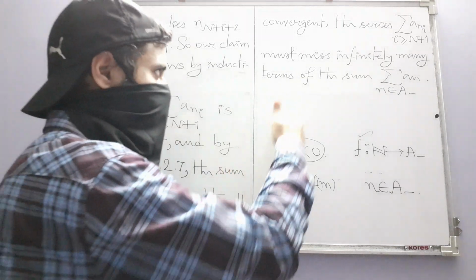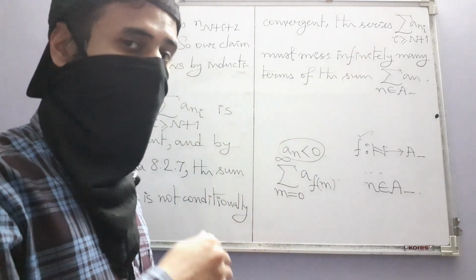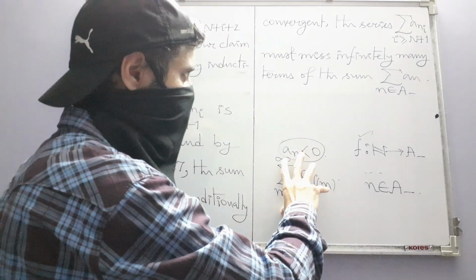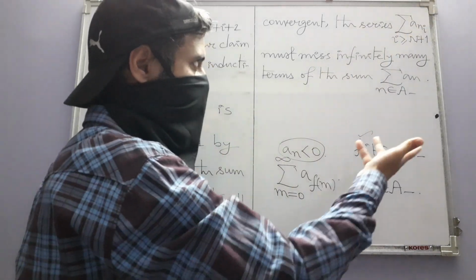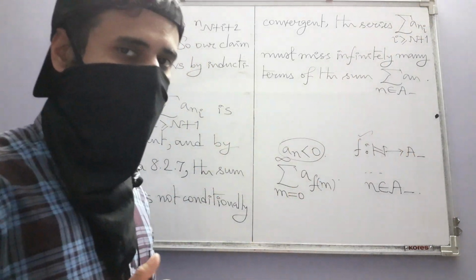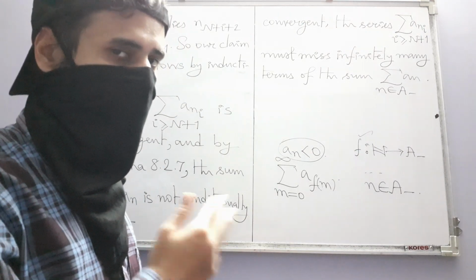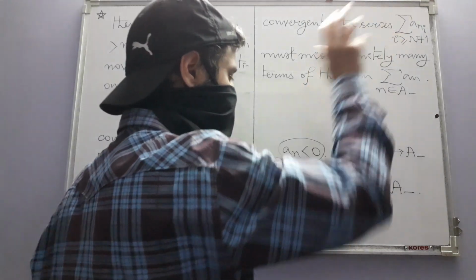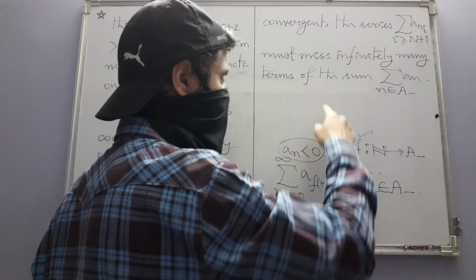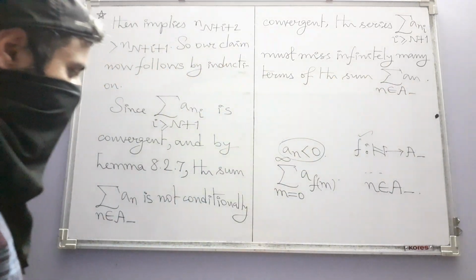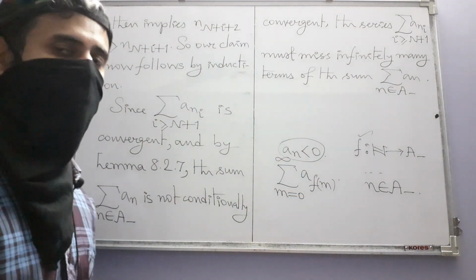But if those a_n that you have to supply are finitely many in number, then convergence of this would automatically imply that the slightly larger series, if I use that term, is also convergent, but then this cannot be not conditionally convergent.